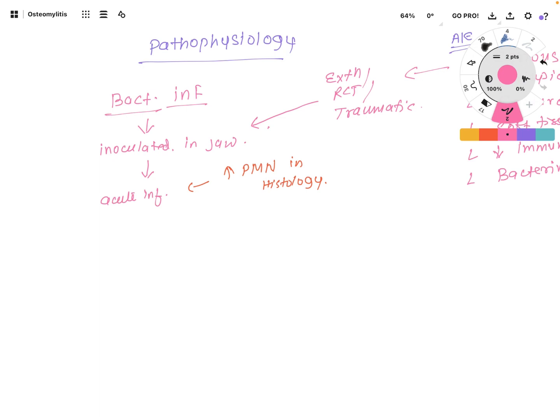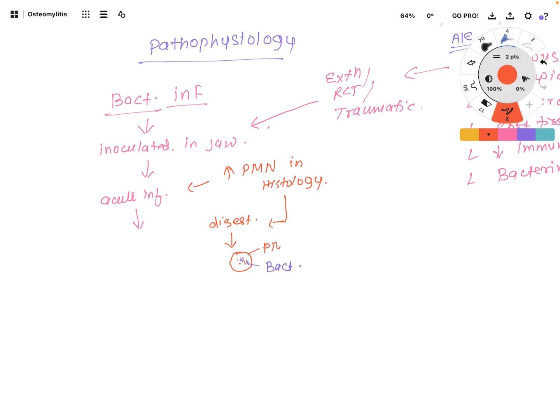This acute infection, acute inflammation basically, what will happen? These PMN will come and phagocytose your bacteria. For example, this is your phagocyte, this is your PMN, basically a neutrophil, and within it, this is your bacteria.